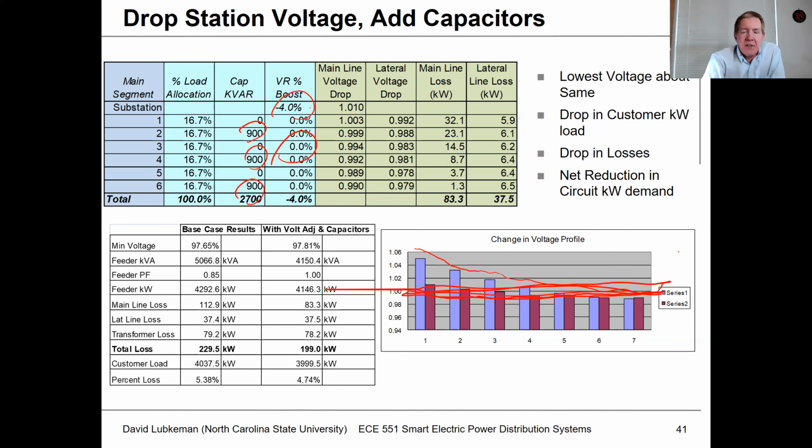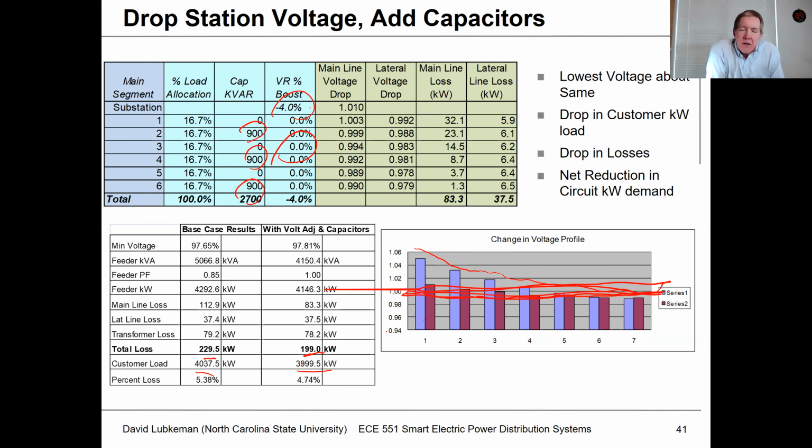Now look at the difference in all these different losses. If I look at my total losses, I go from total losses of 230 down to about 200. The other thing that's going to happen in this case is that as far as my customer load, I also get a drop in the amount of power that's used by my customers. And so what I'm going to see in this case is my customer load drops from 4,037 to about 4,000 kilowatts.